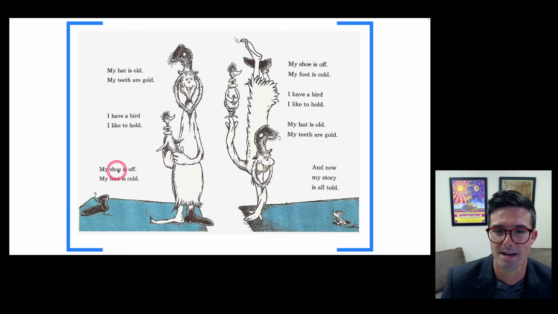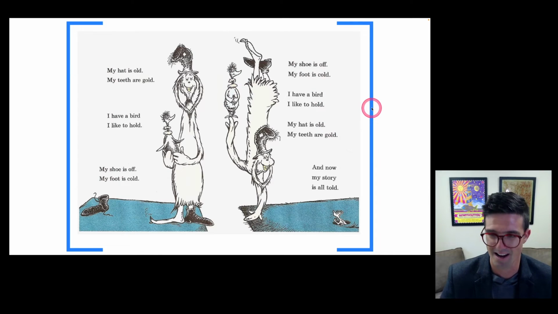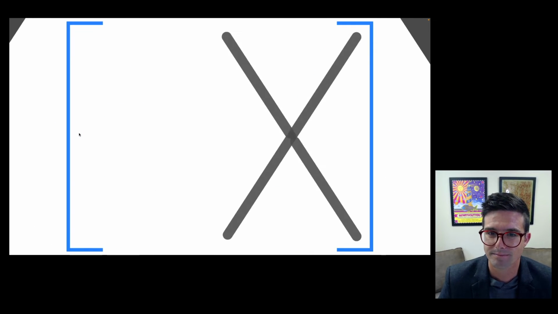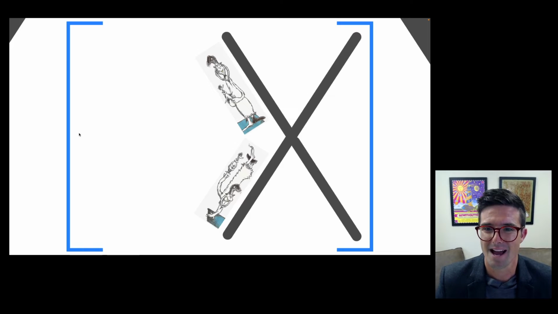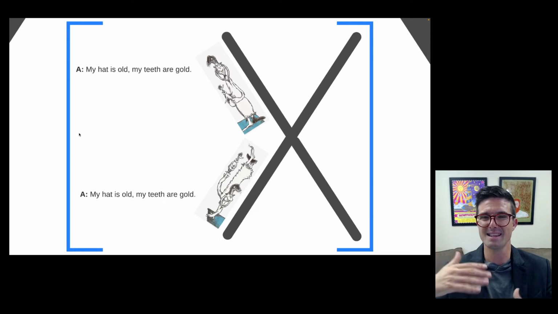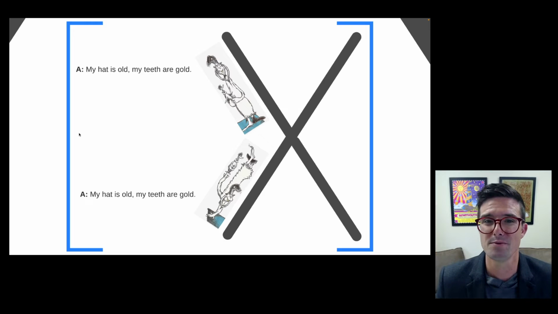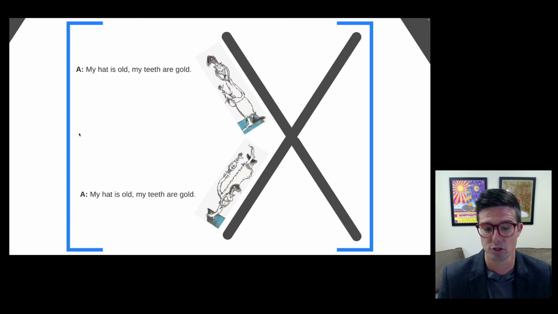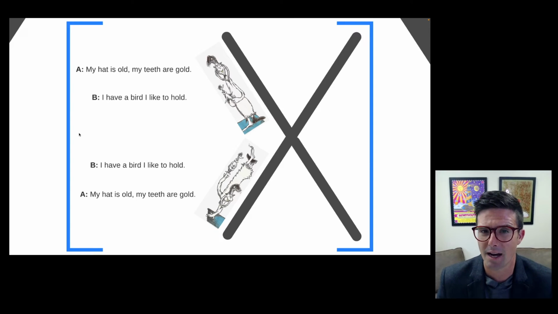So all of this right here is going to be our chiasm, and let's look at how this is structured using our X here. So we have our two little fellows put up there, and on the outside, the sort of inclusio portion, we have my hat is old, my teeth are gold, paralleled or repeated 2 times to form our outer structure of the chiasm.